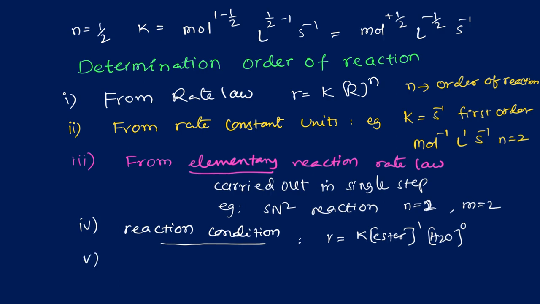Next, fifth. In this fifth, how to determine the order of reaction for complex reaction. Complex reaction means what is that? The reaction which is carried out in more than one step.